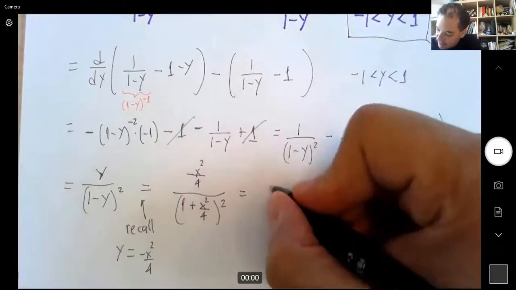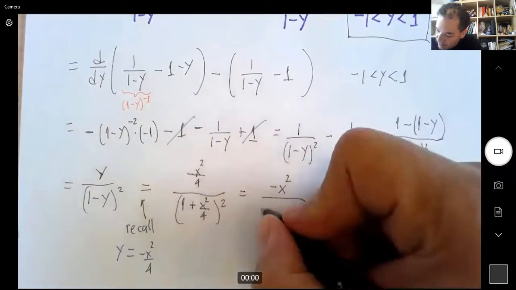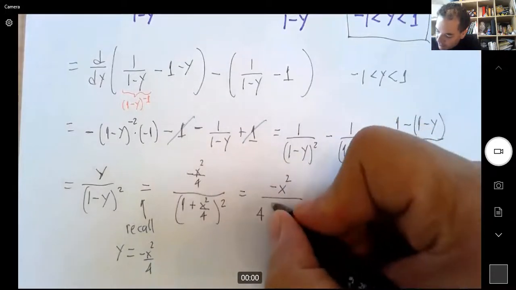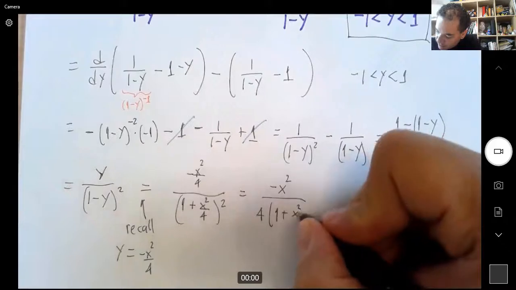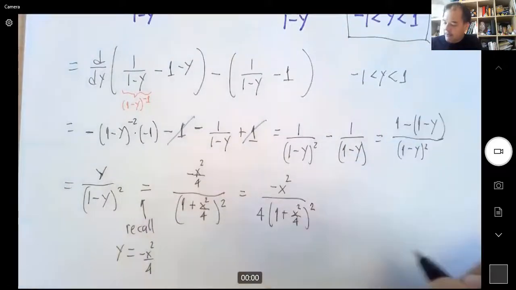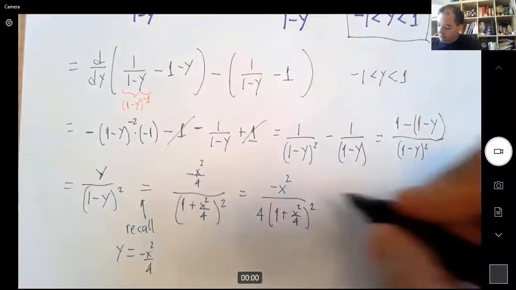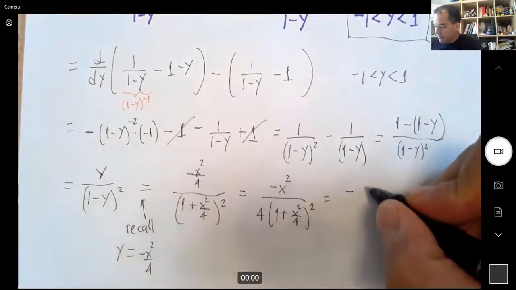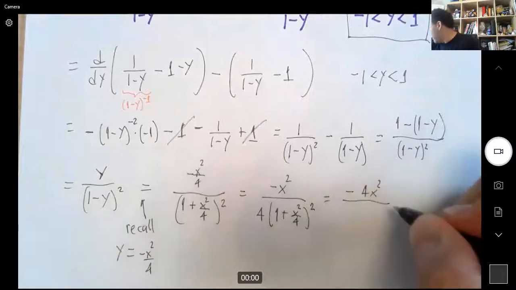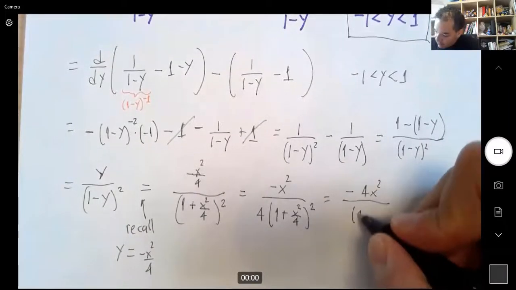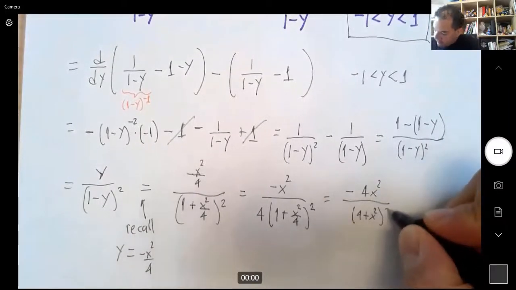And that's it. You can simplify a little bit if you want. Put the 4 on the bottom here. This is 1 plus x squared over 4, squared. And even maybe put the 4 inside if you want or not. So this is actually negative 4x squared over 4 plus x squared, everything squared.